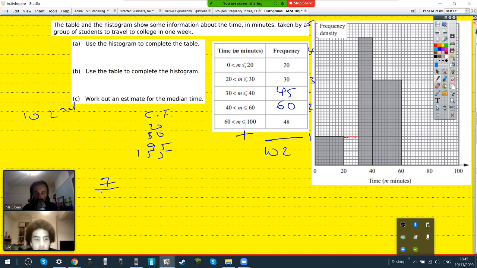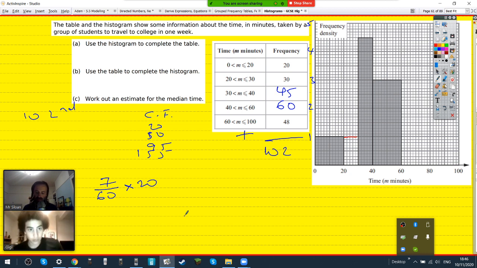Oh, 7 out of 60. Yeah. Of that width. Oh, so it's 2.3.